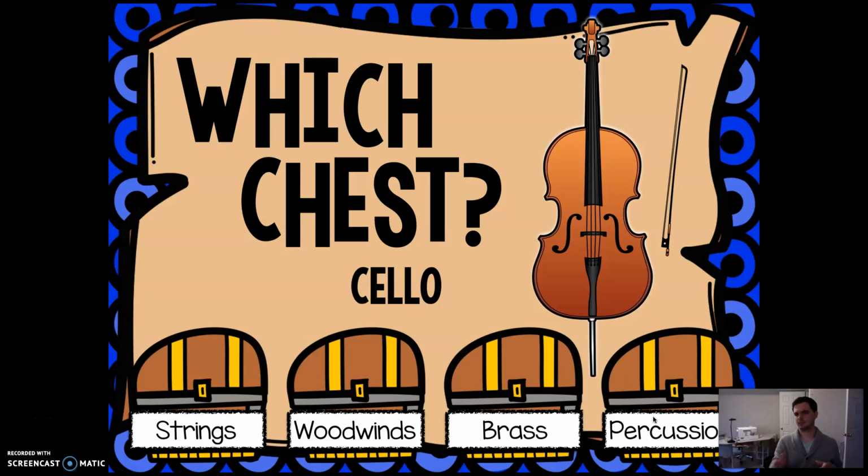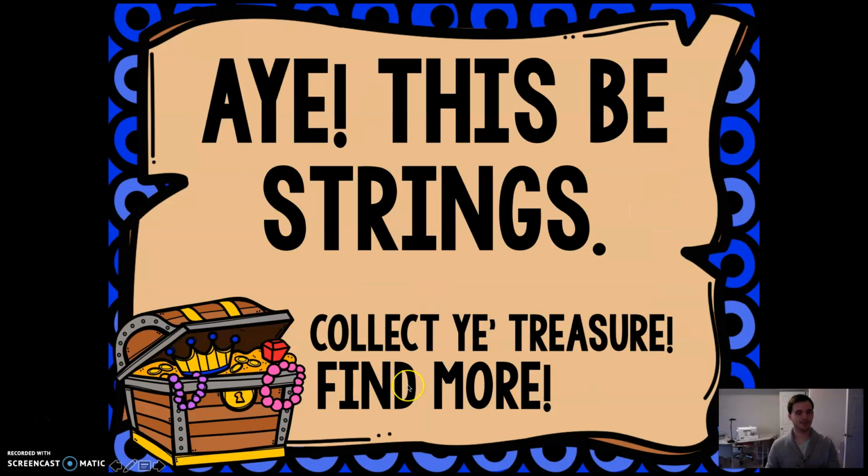Now, this instrument has strings, so what family do you think it belongs to? Percussion? Brass? Woodwinds? Or strings? Which one might it be? If you were thinking strings, you would of course be correct. It is definitely strings. Very nice job.